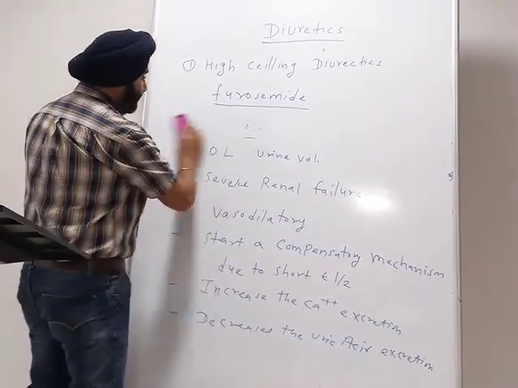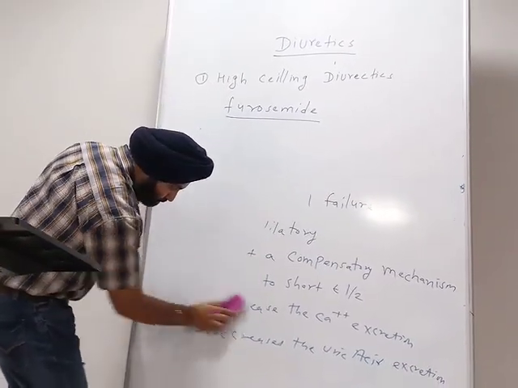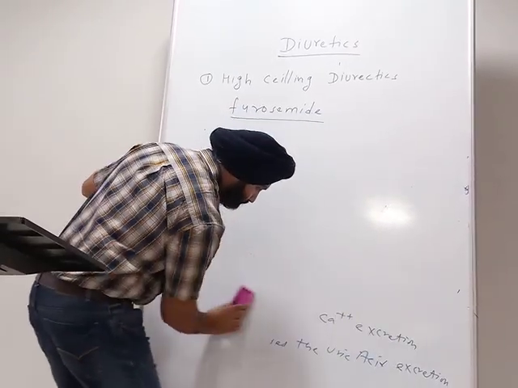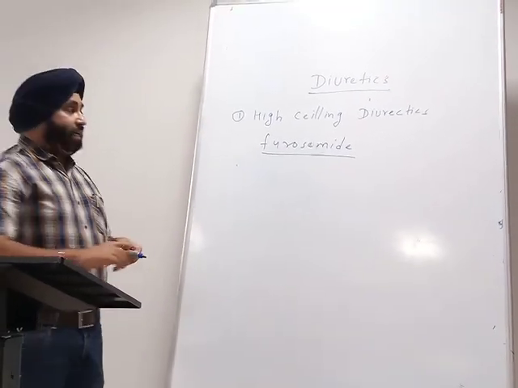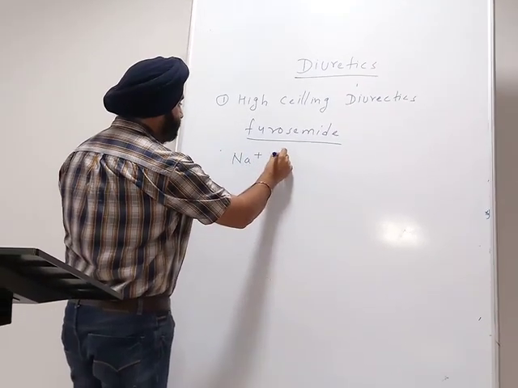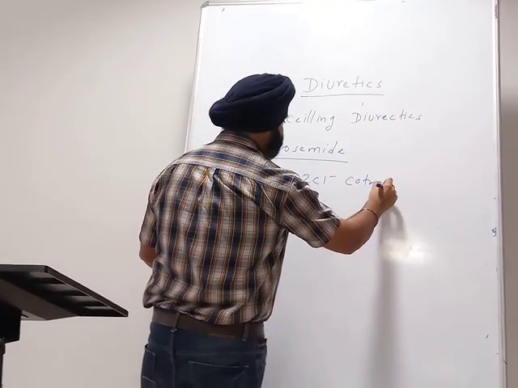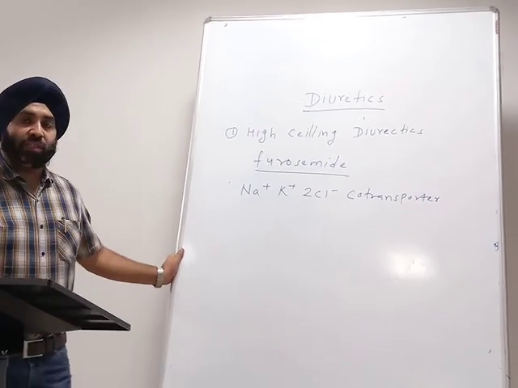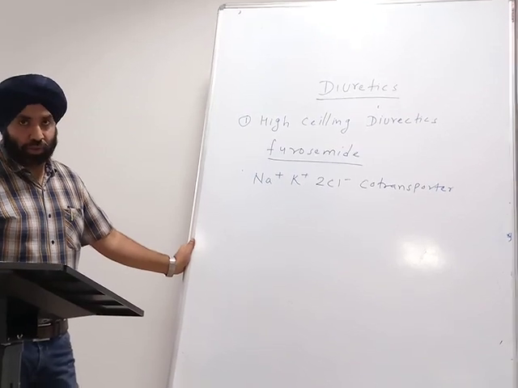Now the mechanism. As we have already discussed, they work on the sodium potassium 2 chloride co-transporter, which is present in the thick ascending limb and in the medullary portion.